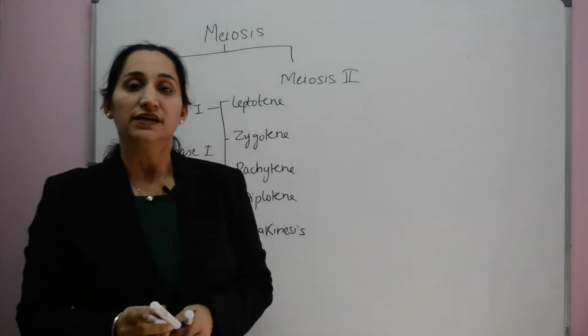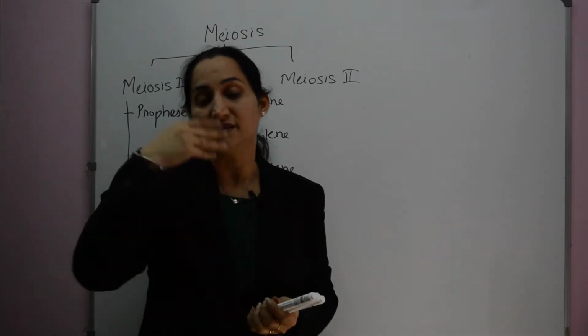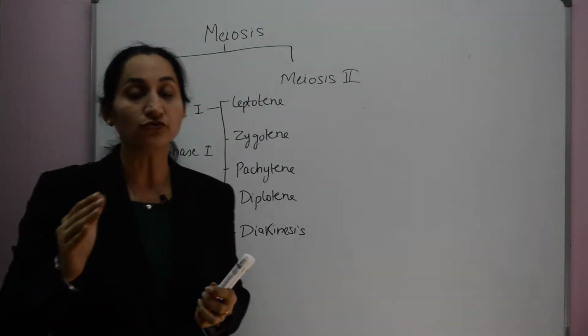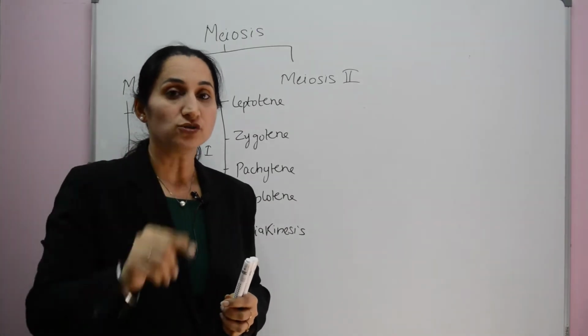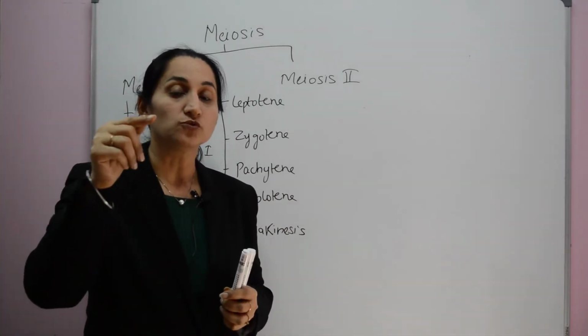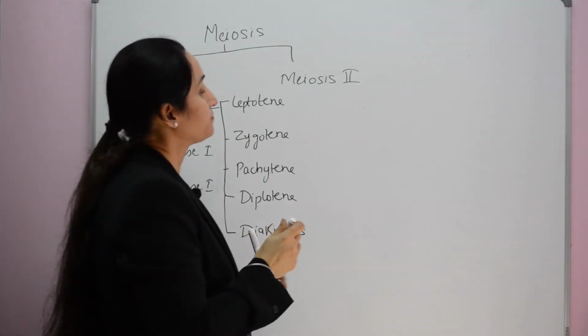We know that in mitosis, the daughter cells that are formed are identical to the parent cell in number of chromosomes. But in meiosis, this number of chromosomes gets reduced. Why? Let us understand this.